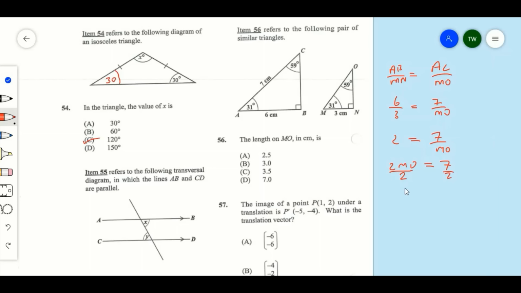So MO is equal to 7 over 2, and 7 over 2 as a decimal is going to be 3.5. So our answer is going to be C.